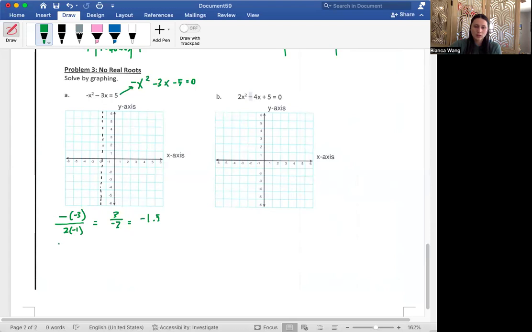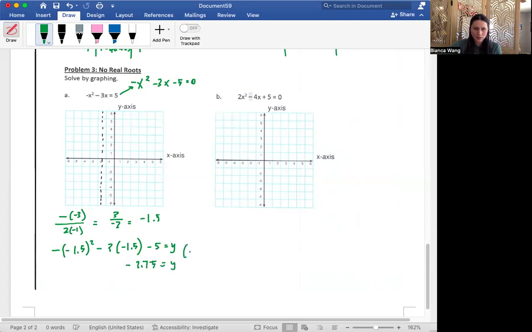Then we're going to plug in our x to find our vertex. So be careful here with these negatives and these decimals. So -1.5 squared minus 3 times -1.5 minus 5 equals y. I'm going to plug this all in. Once I've plugged it all in, I get -2.75.